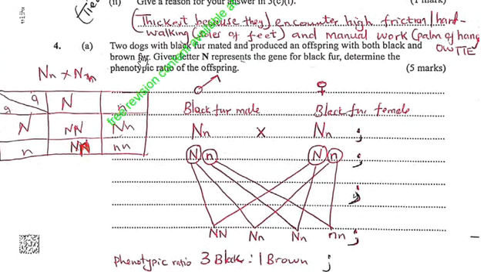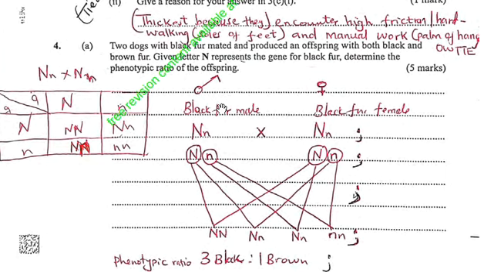Two dogs with black fur mated and produce an offspring with both black and brown fur. Given the letter N represent the gene for black fur, determine the phenotypic ratio of the offspring.